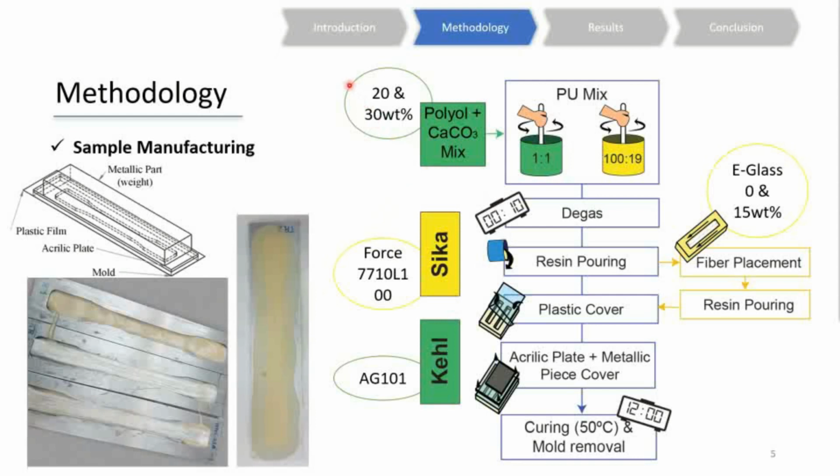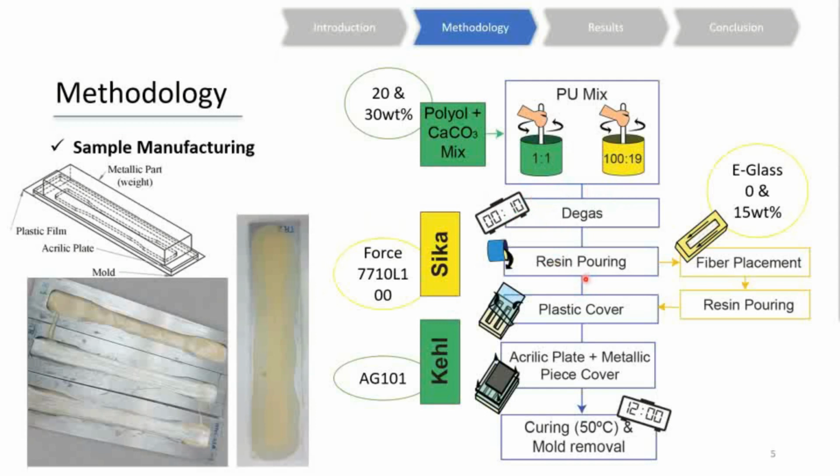From the 20% samples, 2 batches were made, and in the second batch, some small improvements were applied, such as increasing mixing time and heating the polyol at 50 degrees for the calcium carbonate mix. And after these two reagents were mixed, bubbles were removed in a vacuum chamber. It was a degas process, and the resin was poured inside the molds.